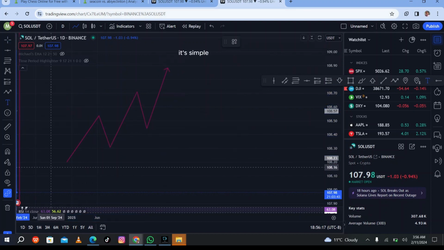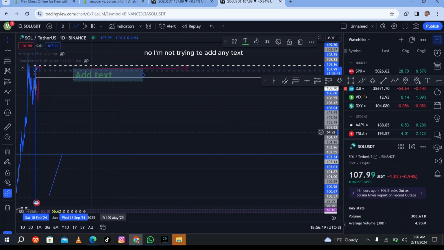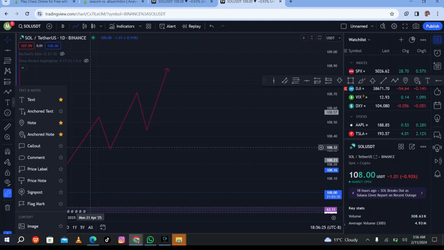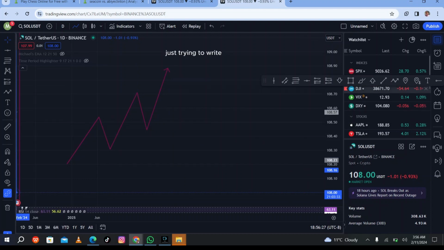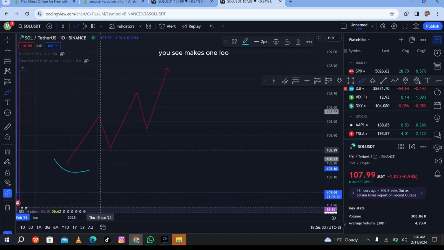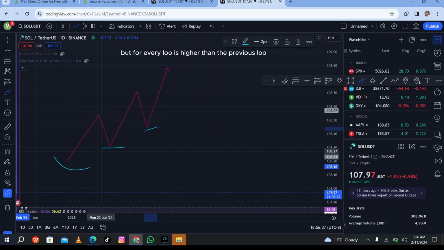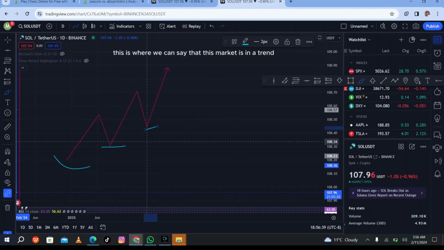It's simple. You see, it makes one low, one low, one low, but every low is higher than the previous low. This is when we can say that this market is in a trend.